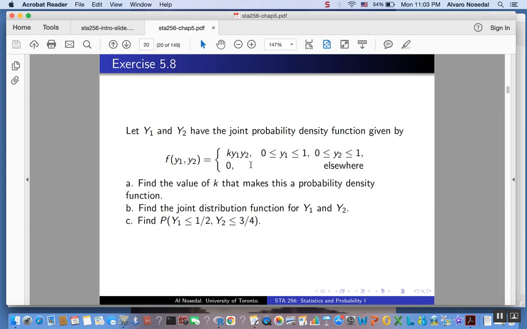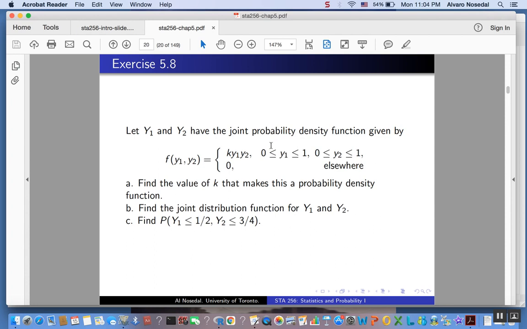As you can see, we are given the expression of a joint probability density function up to a constant. So our first task is finding that constant, such that this expression becomes a legit joint probability density function. Okay?